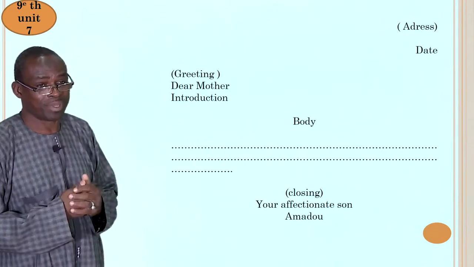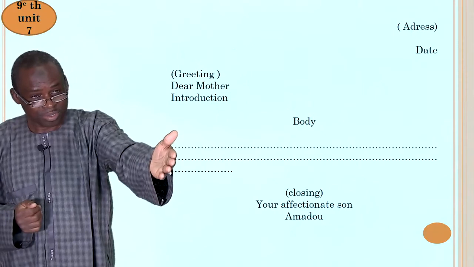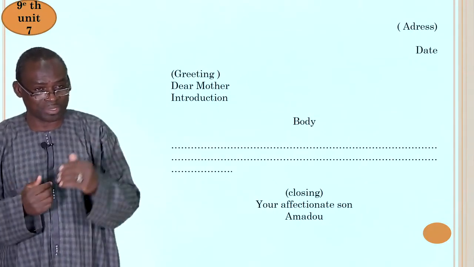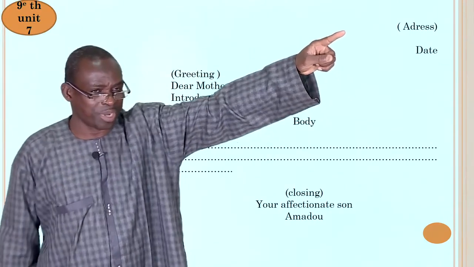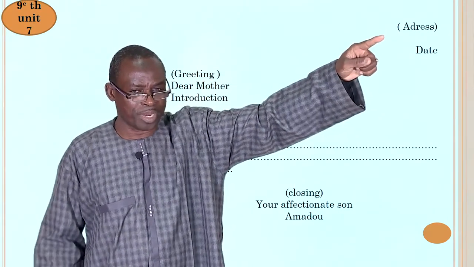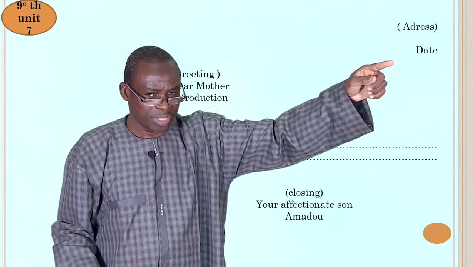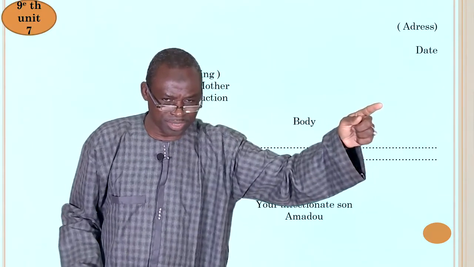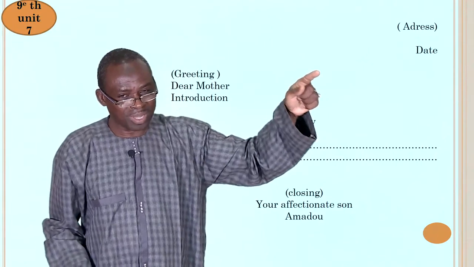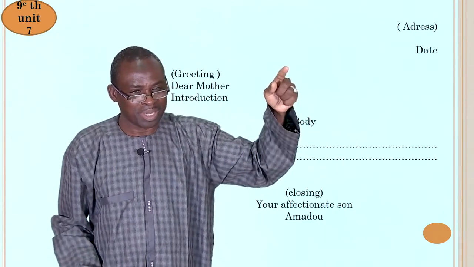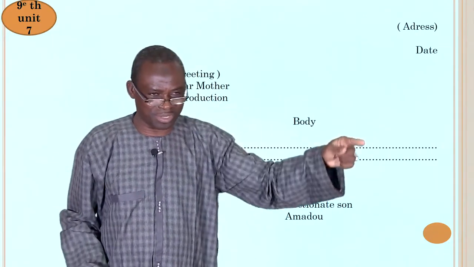And now, here is this table. So look at it. There you can see an address on the top right corner of our paper. Address, you put your address. For instance, you can say Musa Traoré, Lycée Ibrahim Ly, Banakabougou, Commune 6.